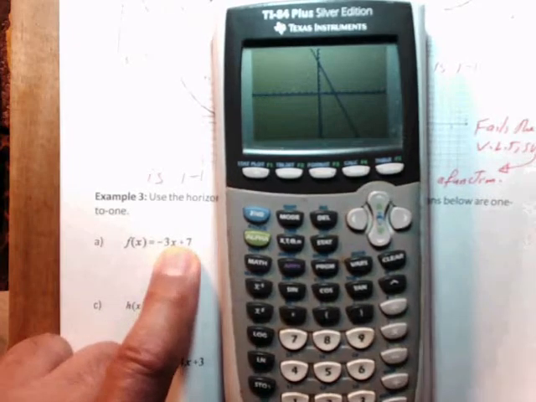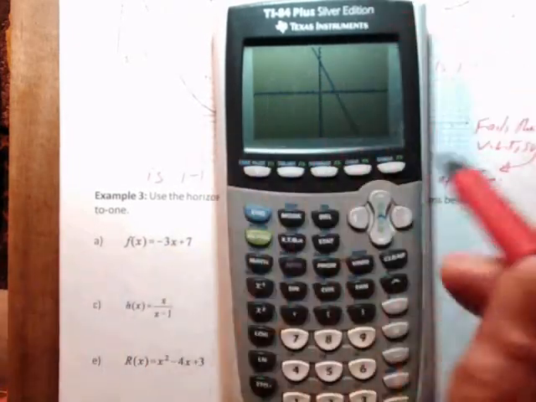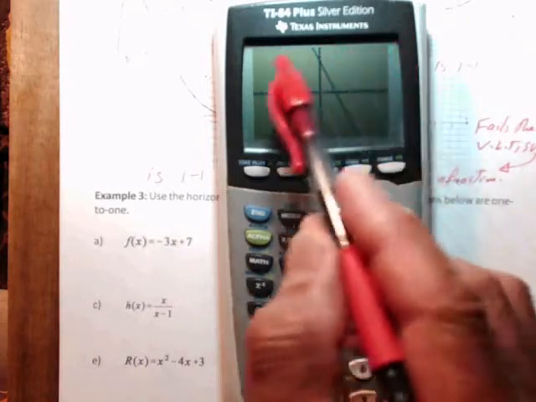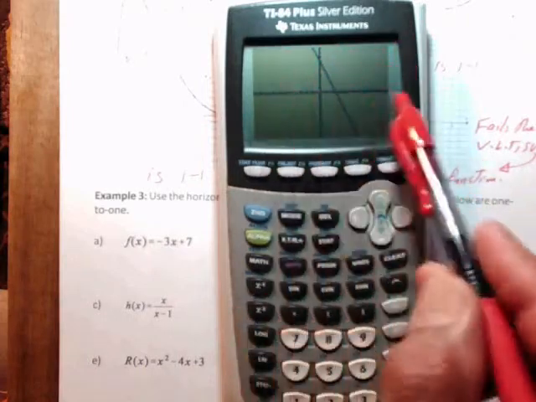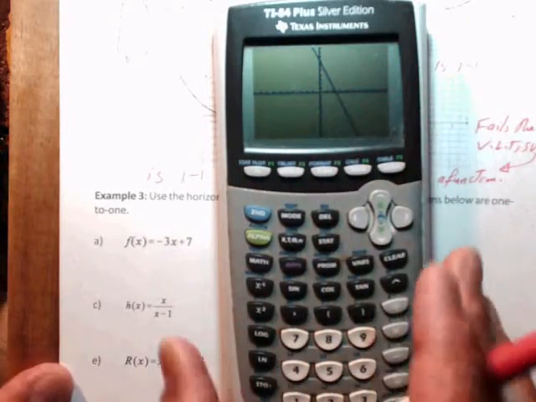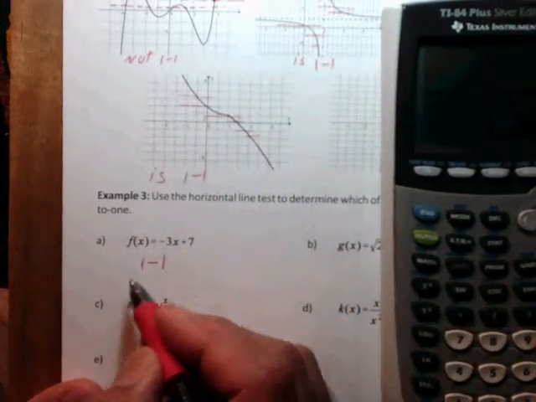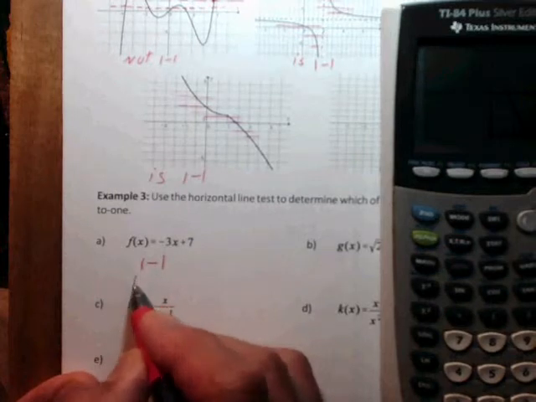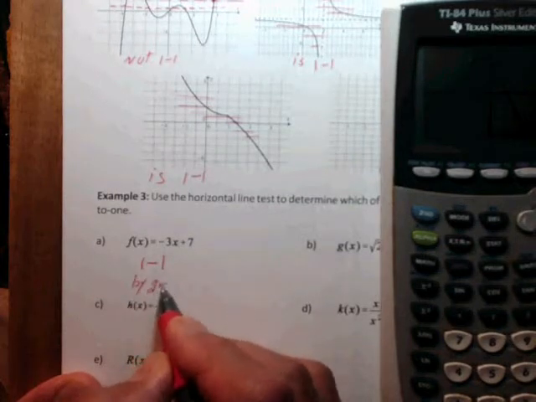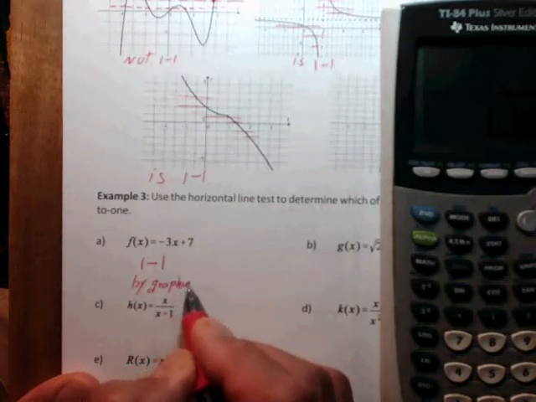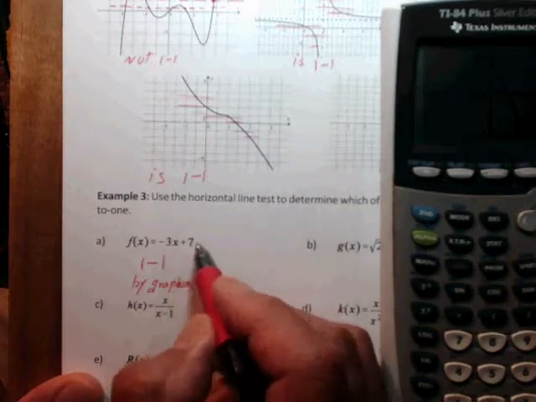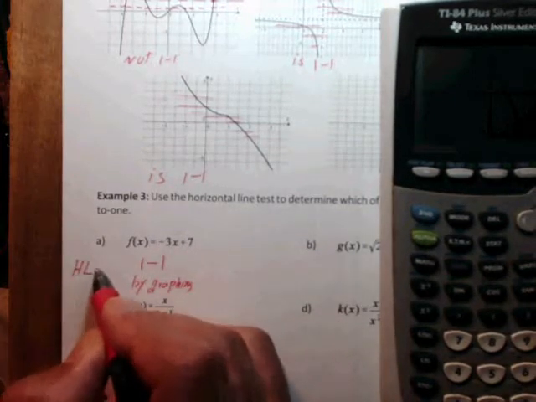It's one-to-one, because if I do any horizontal line test, you see, horizontal lines always intersect at one point. So I say one-to-one by graph, horizontal line test.